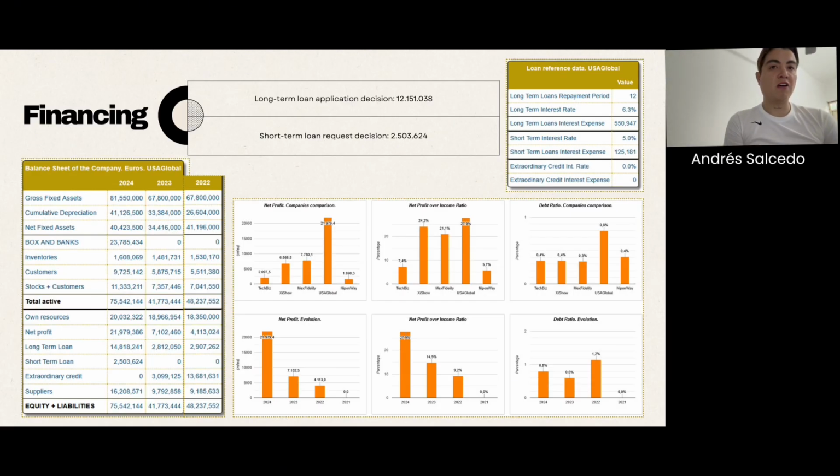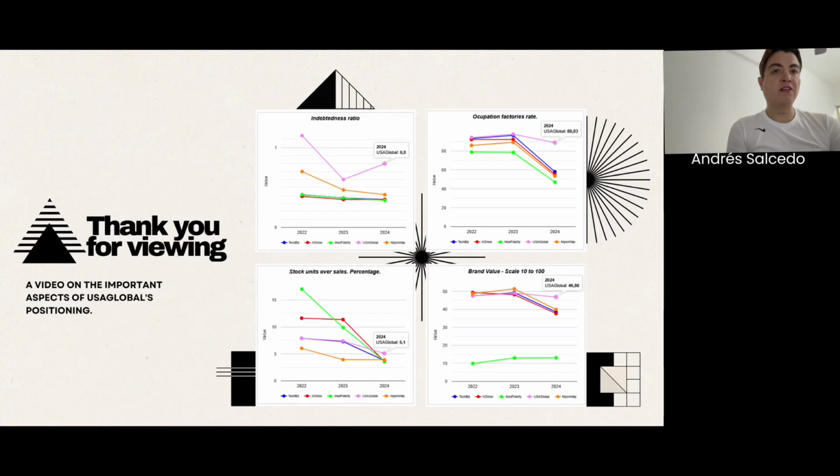Profitability and debt ratio compared with the previous year: USA Global achieved a return on revenue of 27.9%, and debt of 0.8% of assets. The graph shows a favorable trend in expansion and financial cost management and good future possibility.